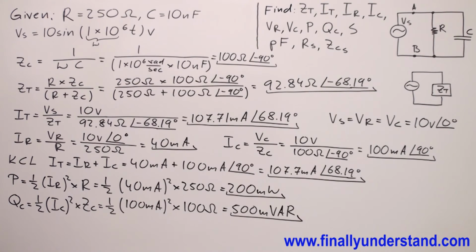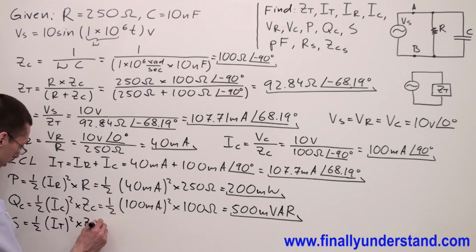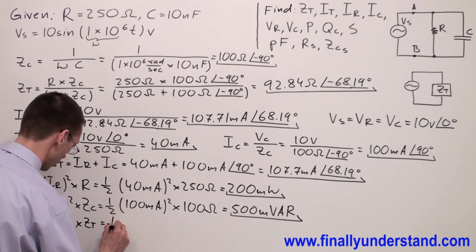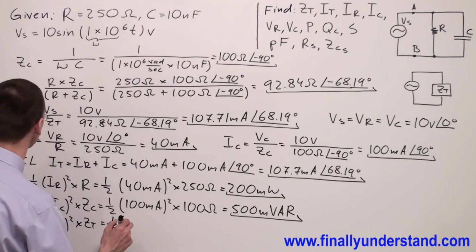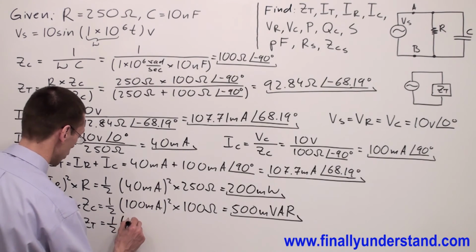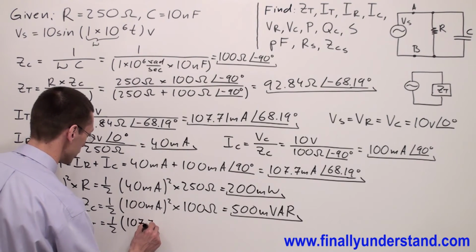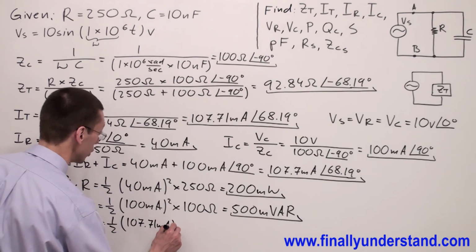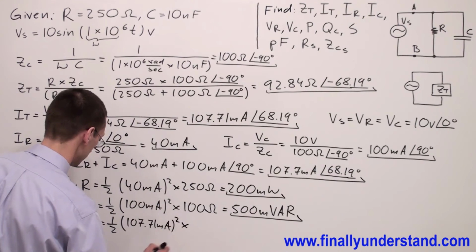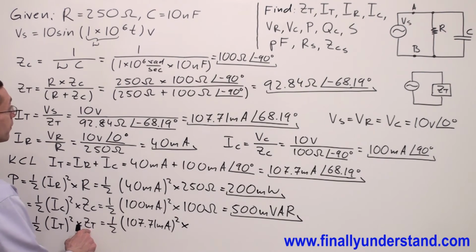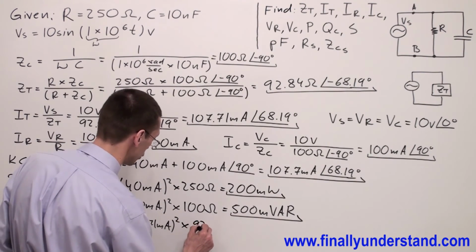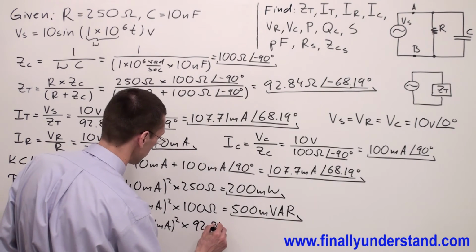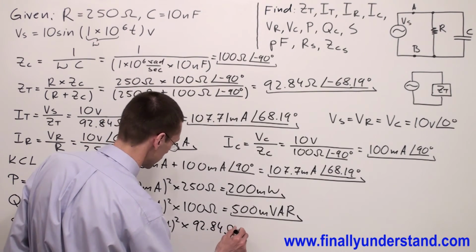Next, I'm supposed to find the apparent power. S is equal to 1/2 I total squared times Z total, which is equal to 1/2, and my total current is equal to 107.71 milliamps to the second power times Z total, which is equal to 92.84 ohms.